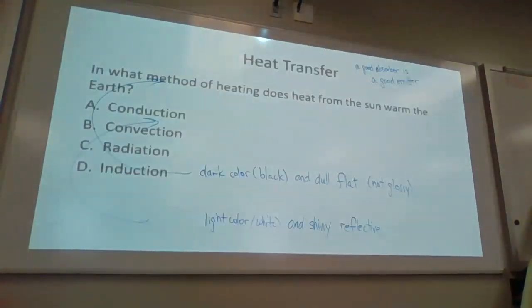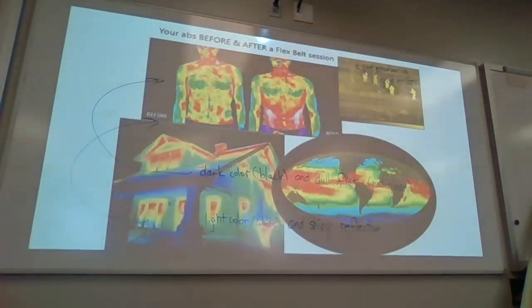All right. So here, this is a thermal imaging camera that is recording the infrared. Notice on a house, where do we see most of the heat leaving? Windows. Windows have poor insulation values.